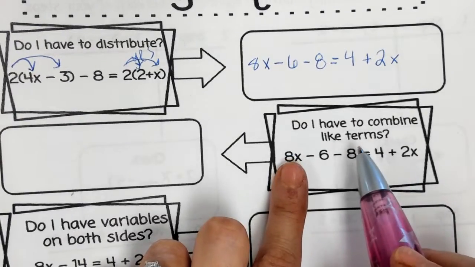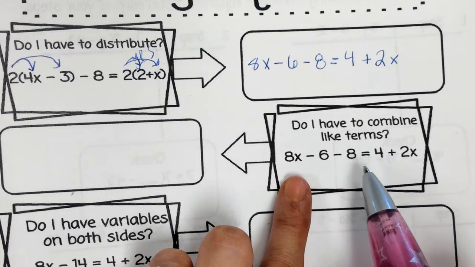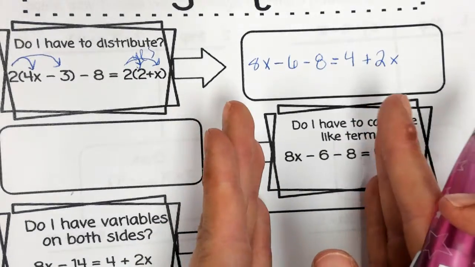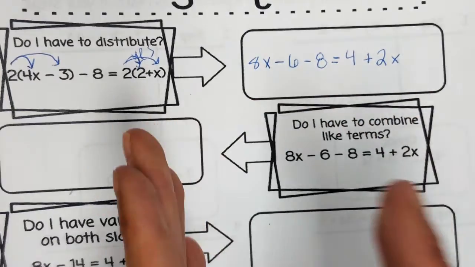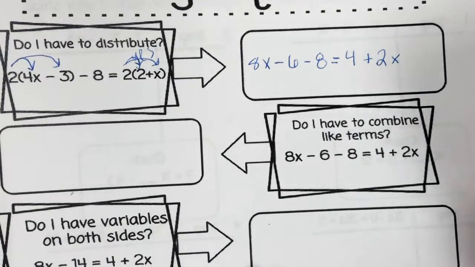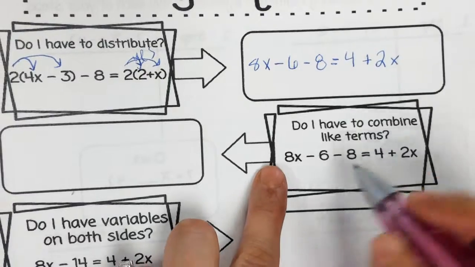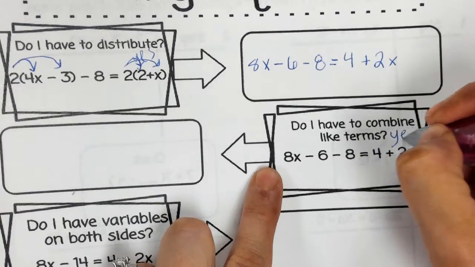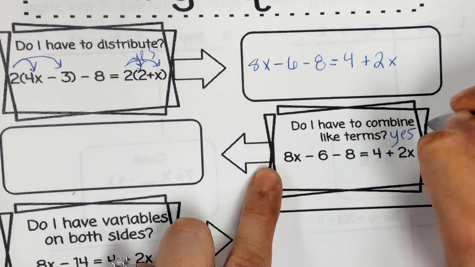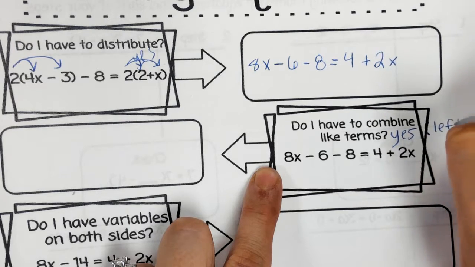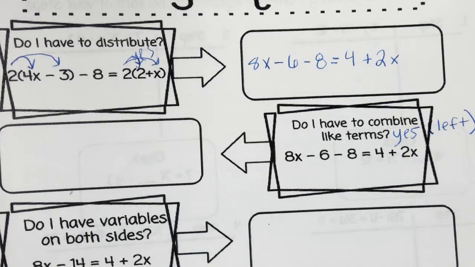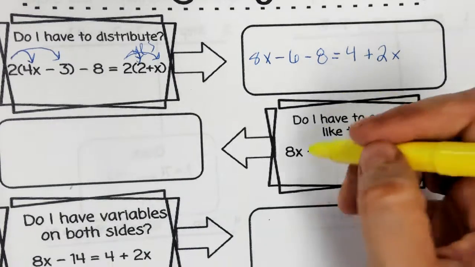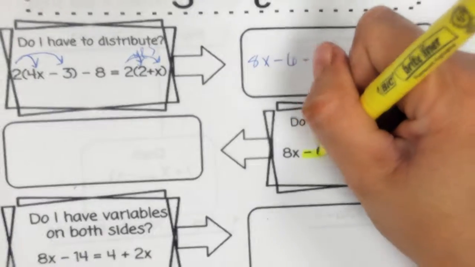So now, do I have to combine like terms? This is where you look on the left side first, and then look on the right side. Which side do I need to combine like terms on? Left. Okay, over here. So I'm going to say yes, and I like to put beside it, I need to combine on the left side, just so when you're looking back here, you really know what you're doing. These are the ones I need to put together.